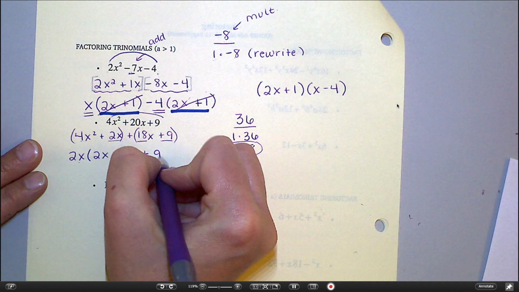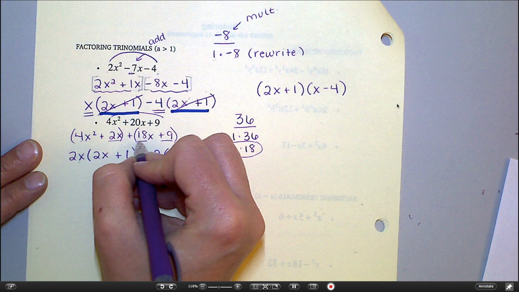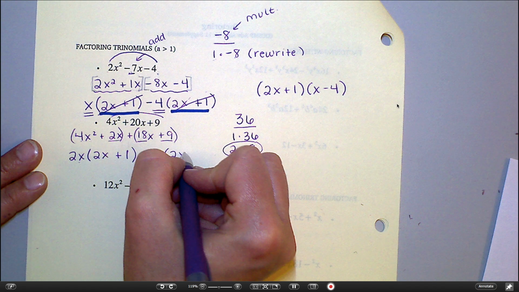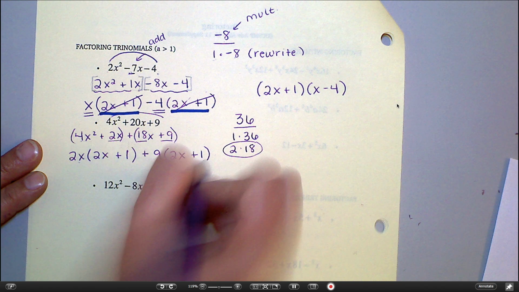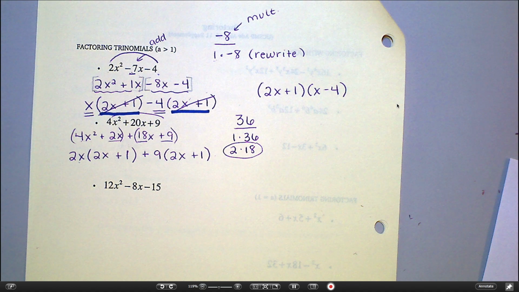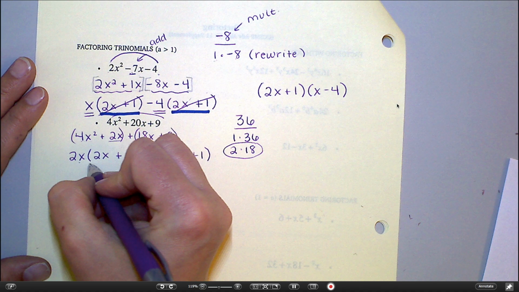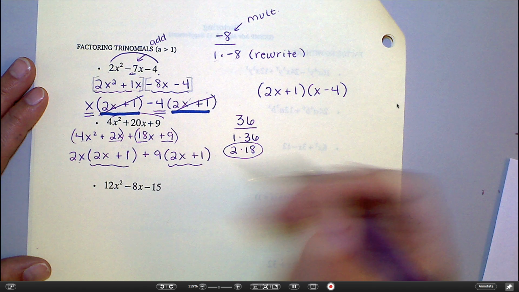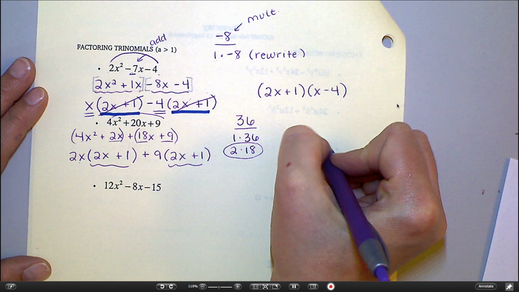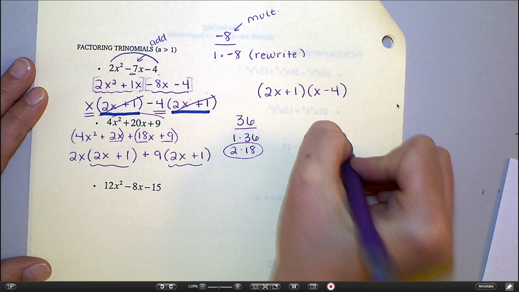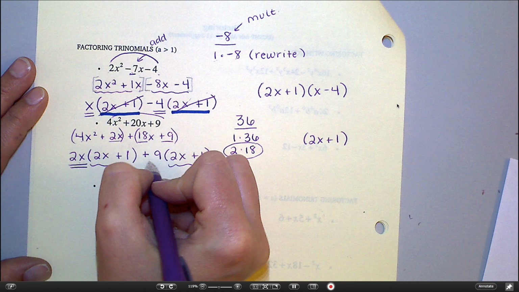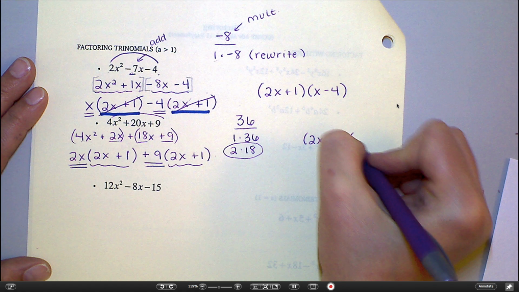I can pull a 9. And that would leave me with a 2x and a 1. Okay. And then when I go to write my factors, one of my factors is my twin parenthesis, so 2x plus 1. My other factor is my leftover pieces, the 2x plus 9.